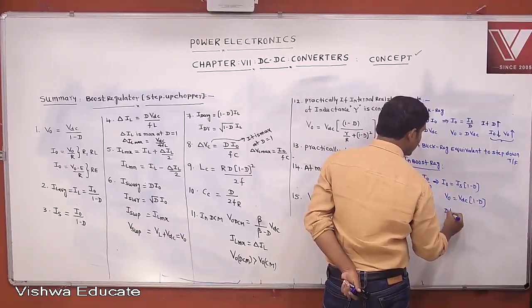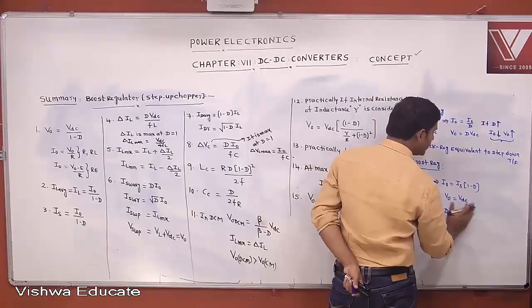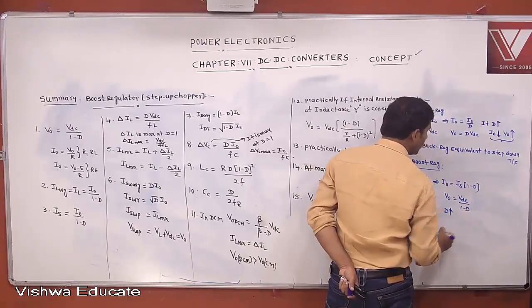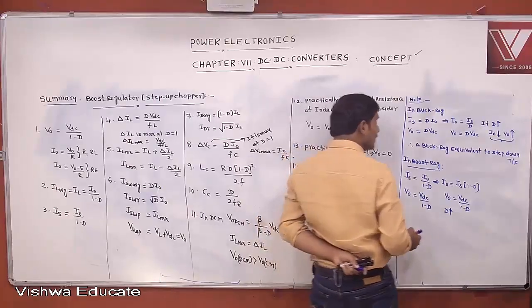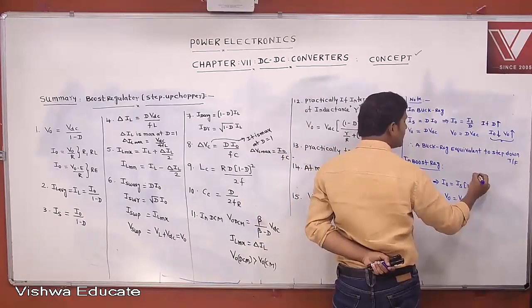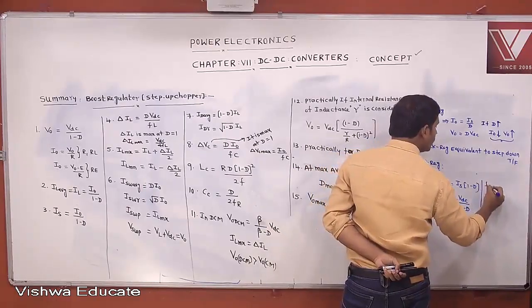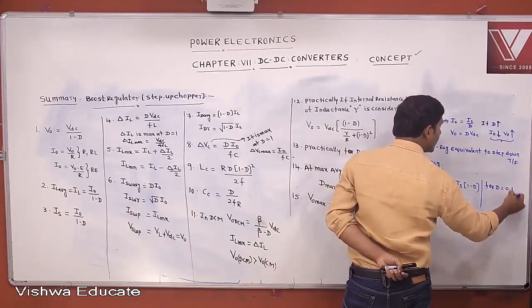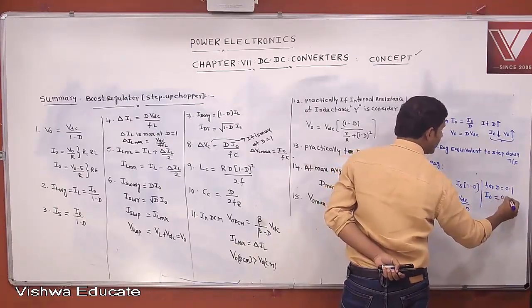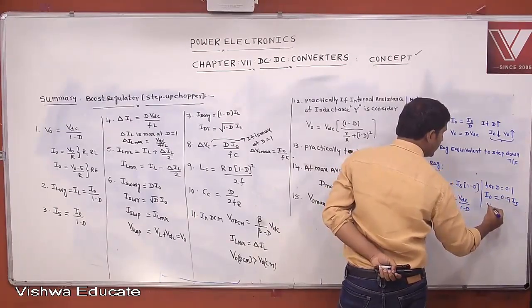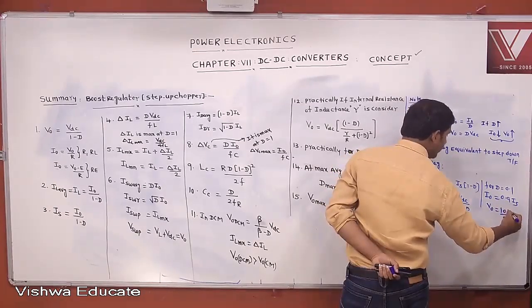If the duty cycle increases, for example, for d equal to 0.1, I naught equals 0.9 Is, and V naught equals 10 by 9 times VDC.